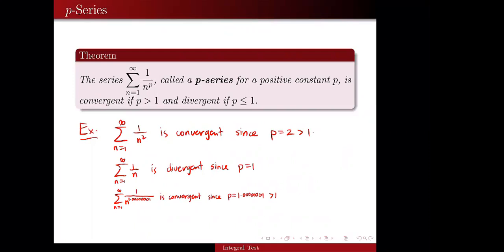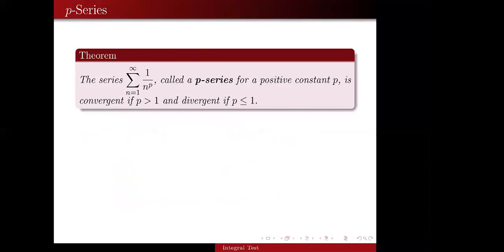For the proof of this, recall when we discussed improper integrals, we solved this one here. So it's not really a proof, so I'll just remove this word proof here. Recall, we calculated the integral of 1 over x to the p.